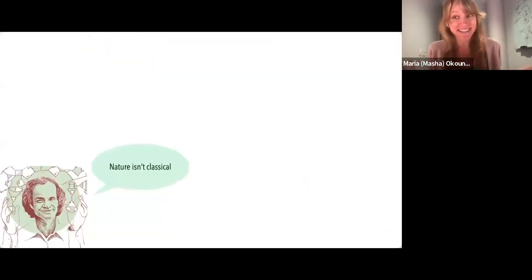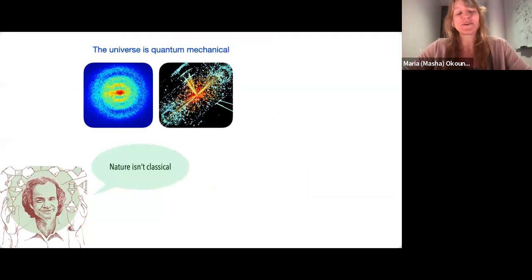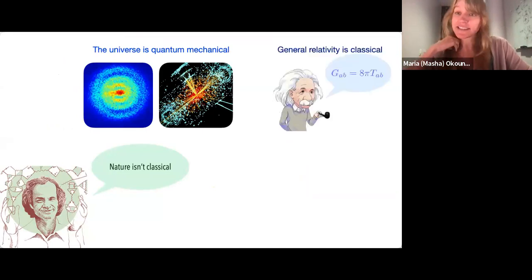However, nature isn't classical. The universe is ultimately quantum mechanical. We know that we need quantum mechanics, for example, to describe atoms and particle physics. But general relativity is a classical theory of gravity that neither admits nor includes quantum corrections or any sort of quantum mechanics.